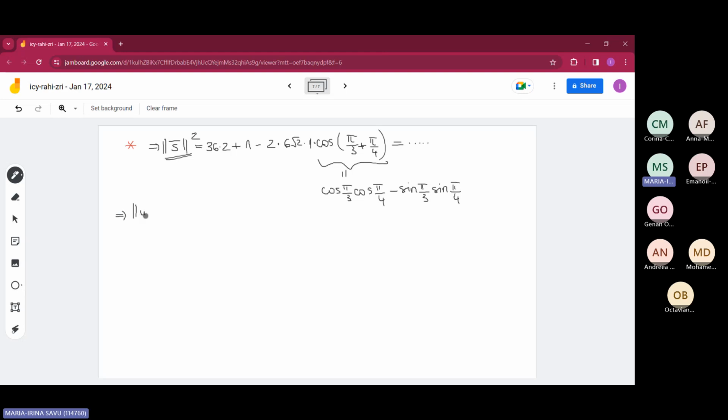I have a question, please. Shouldn't it be pi minus pi over 3 plus pi over 4? Is it just pi over 3 plus pi over 4? Where? Here? Yes. Do you mean that the angle is not this one, or what is your question? If in the formula it is cos of pi minus alpha, and alpha is not pi over 3 plus pi over 4.